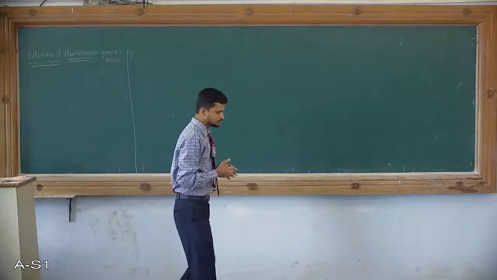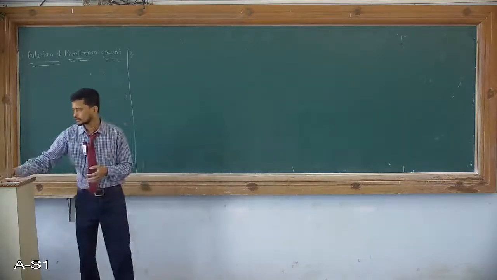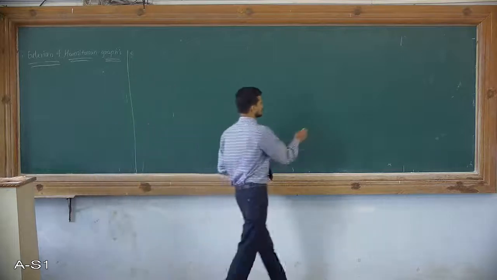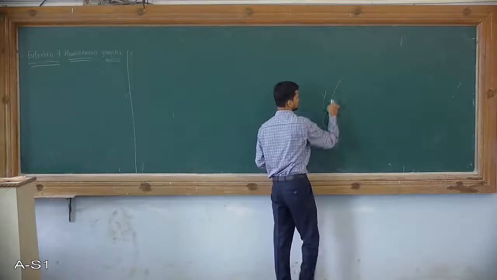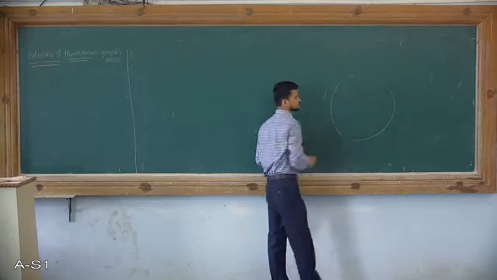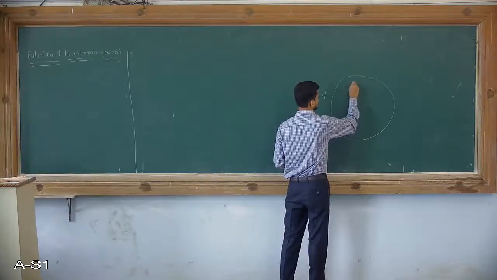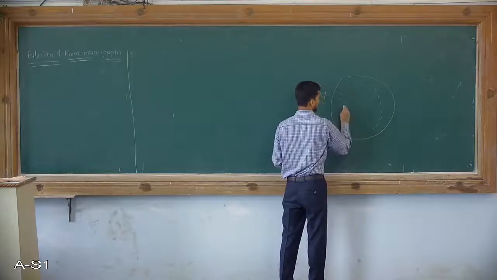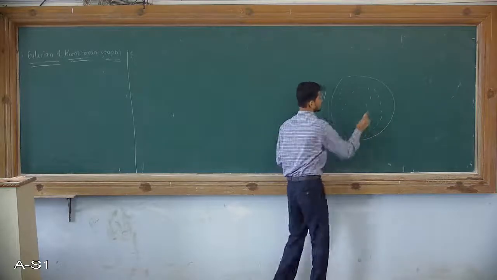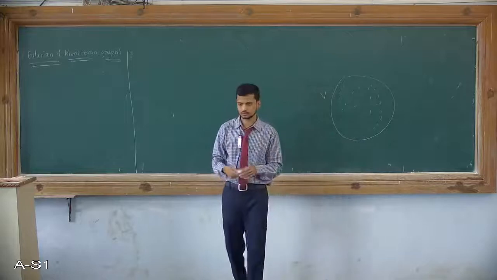Suppose there is a village. I will take a village here, and call it V. A village is a set of houses, with streets: street 1, street 2, street 3, and so forth.